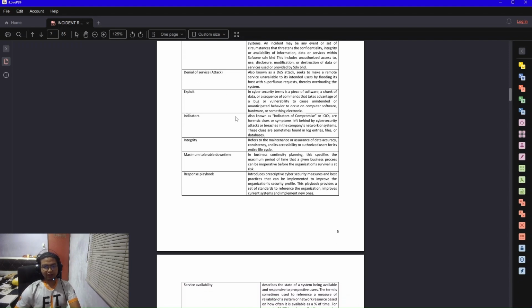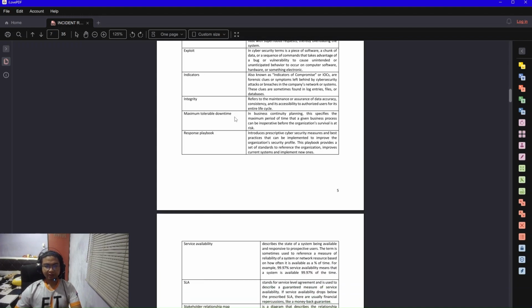Indicators, also known as indicators of compromise or IOC, are forensic clues or symptoms left behind by cybersecurity attacks. Integrity refers to the maintenance or assurance of data accuracy. Maximum tolerable downtime specifies the maximum period of time that a given business process can be inoperative.